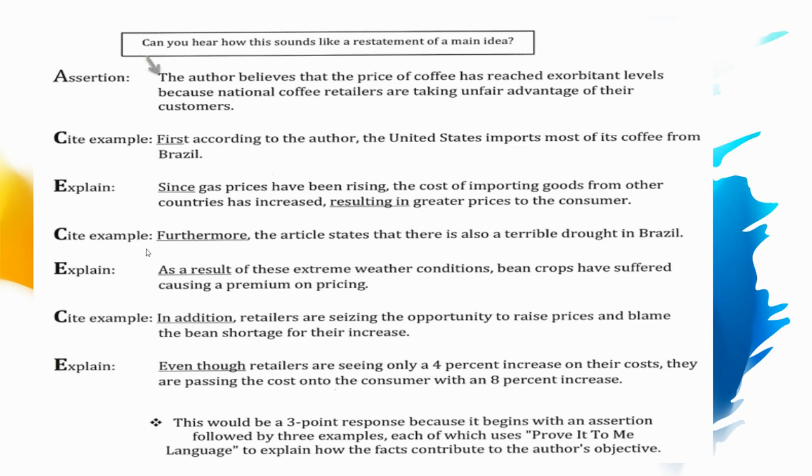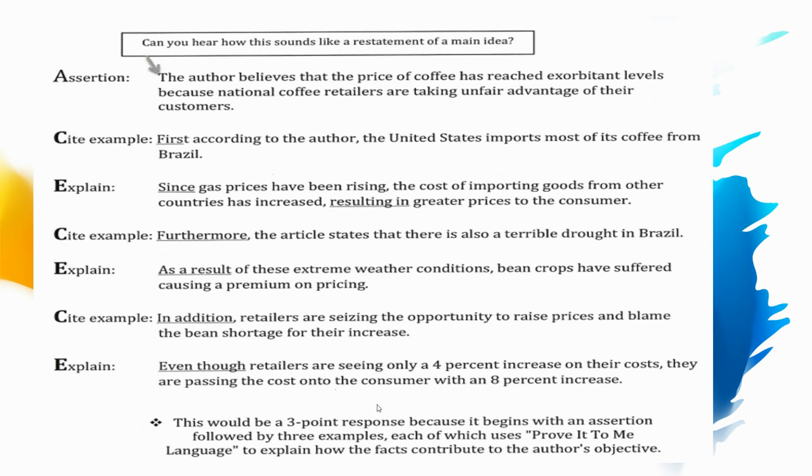Then we cite again: furthermore, the article states that there's also a terrible drought in Brazil. As a result, these extreme weather conditions, bean crops have suffered, causing a premium on pricing. So we're citing another example. In addition, retailers are seizing the opportunity to raise prices and blame the bean shortage for their increase. We're going to explain.